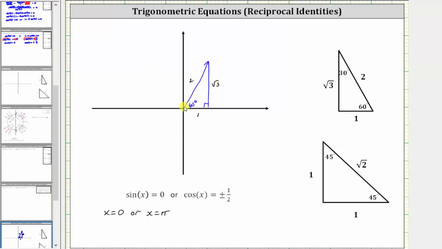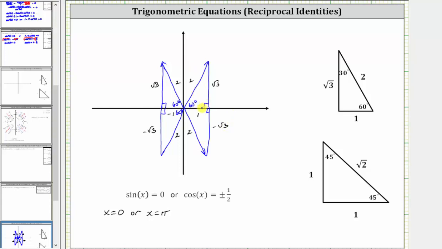Here's the reference angle in the second quadrant, and again the corresponding reference triangle. Then in the third quadrant, and finally in the fourth quadrant. And now let's find the 4 angles.